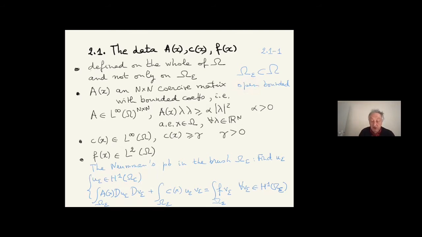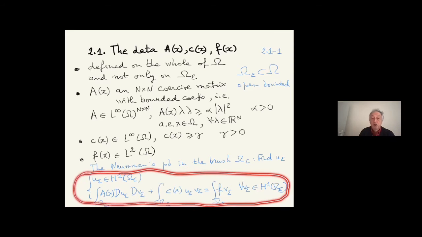Okay, so this space is defined, such that for every v epsilon in H1 of omega epsilon, we have the following equality: the integral over omega epsilon of A gradient u epsilon gradient v epsilon plus the integral over omega epsilon of C u epsilon v epsilon is equal to the integral of f v epsilon. Okay, and this is classically called the variational formulation of the problem. This is what I will use.